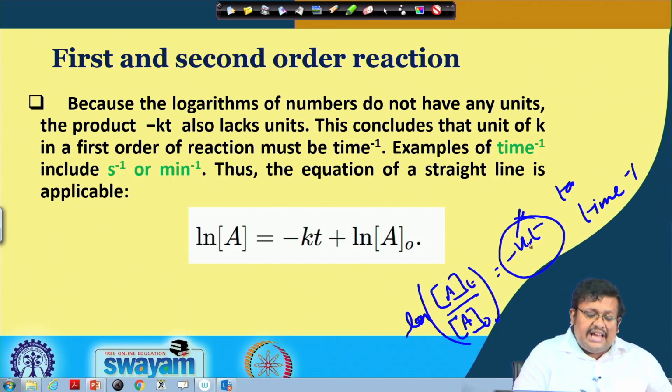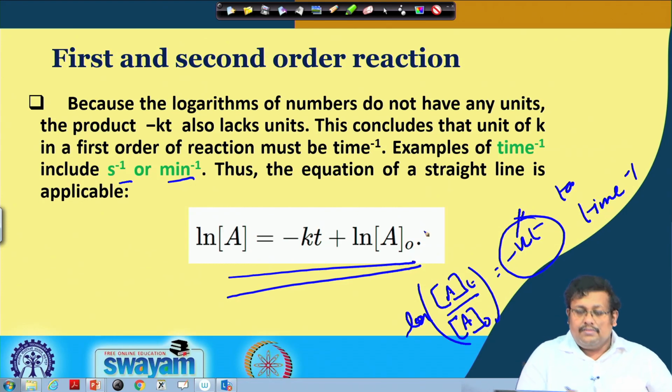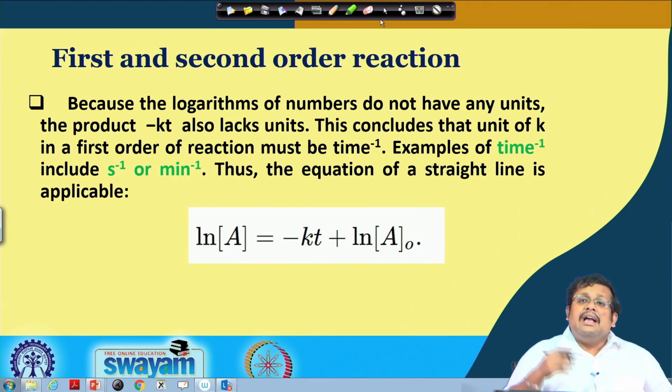Examples of time inverse are inverse of second or inverse of minute. Thus, the equation of a straight line is applicable here. This is what we have discussed in the previous two slides. The straight line and negative slope is the major identifier of the first order reaction.